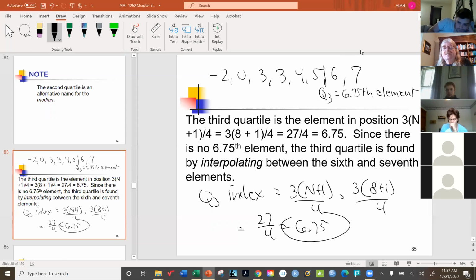No. So what do we do about it? We're going to have 5 plus 3/4 of the difference between these two elements. And that's just going to leave us with 5.75.